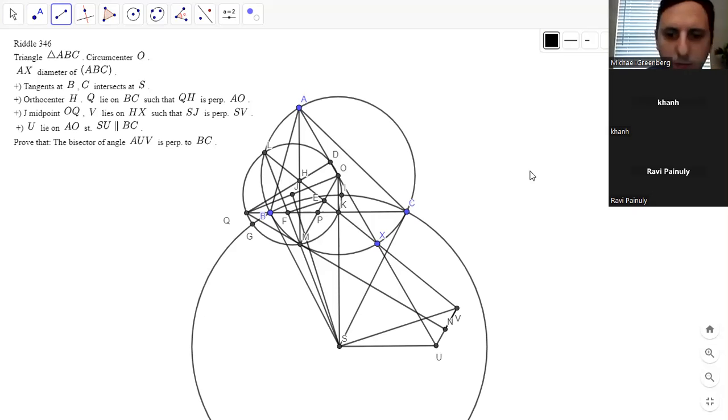So I'm going to prove that triangle PEF and triangle UVS are homothetic with center L. Because if we can do that, then we will have UV parallel to OM, which is what I stated at first.